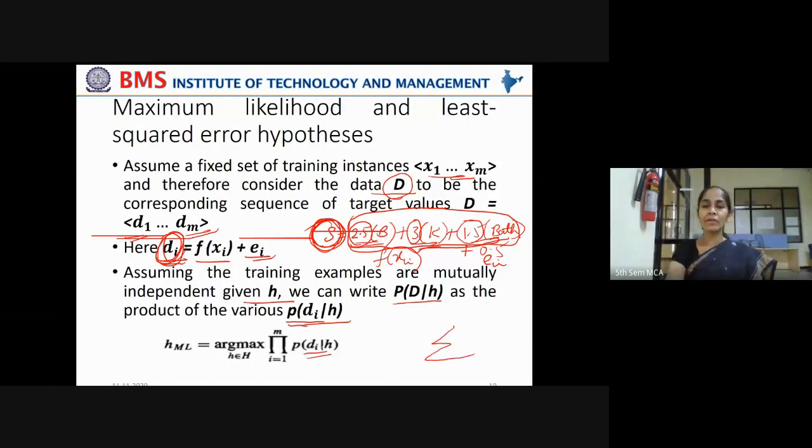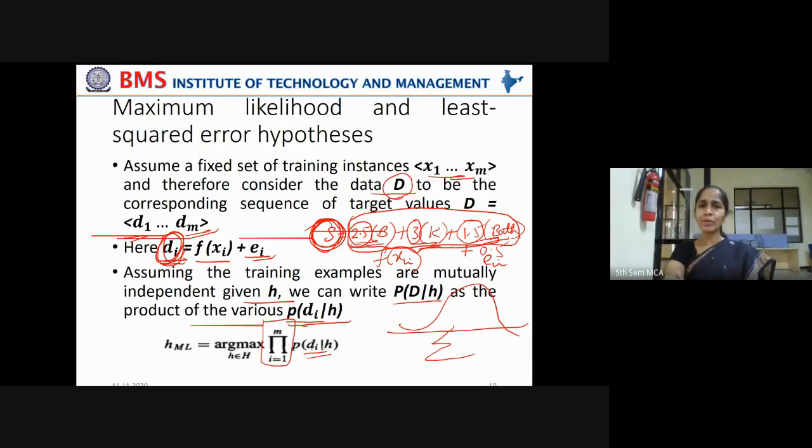Did you observe? You're not adding up all the values, you're multiplying all the values, because here it is estimating a real value target function. When it is estimating the real value target function, all the probabilities are important. That is why the probability of each and every point under the curve in the probability density function is important for us, and that is why we are making a product of it.